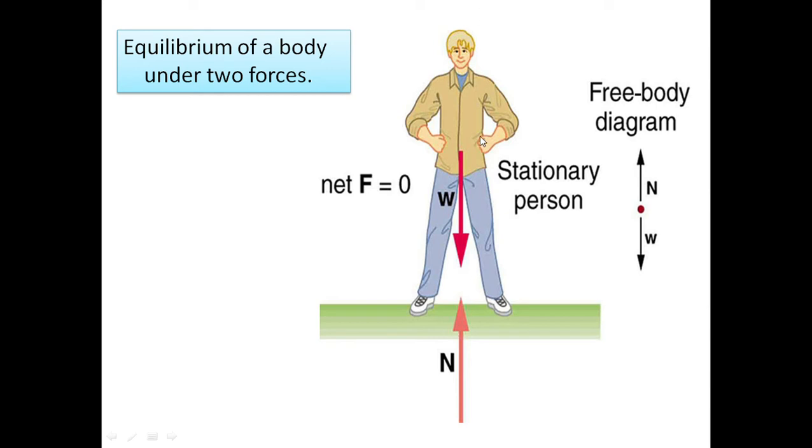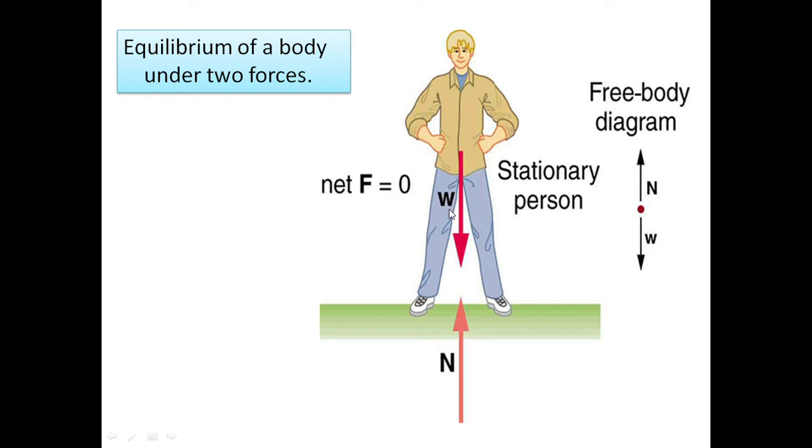These two are equal and opposite in direction, so the person is stationary. No net force, F equals 0, no resultant force. So if these two opposite forces are equal, the body is in equilibrium.